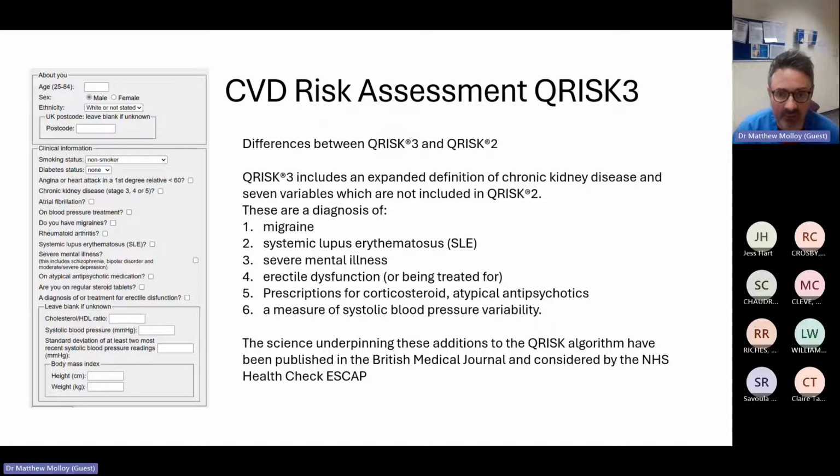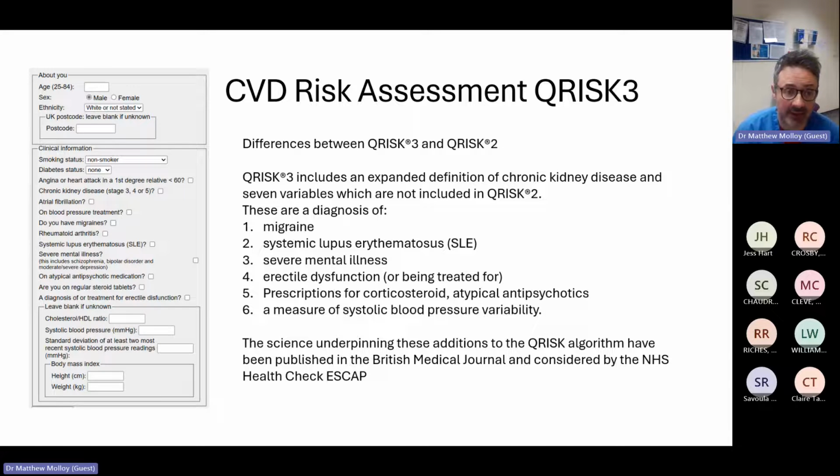Severe mental illness. These patients, unfortunately, are less likely to look after their general health, so there's a higher degree of obesity and alcohol problems and smoking in patients with severe mental illness. So that is sufficiently weighted to be an independent risk factor. Atypical antipsychotics and steroid medications are also given weight, and these can affect lipid metabolism, and they can also affect blood pressure, so they are direct cardiovascular risks.